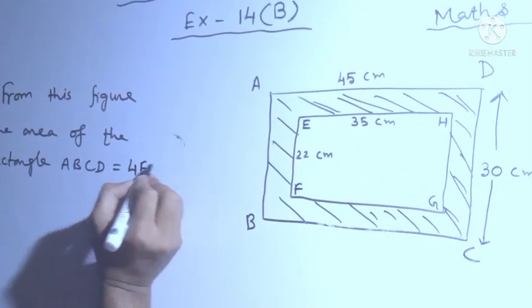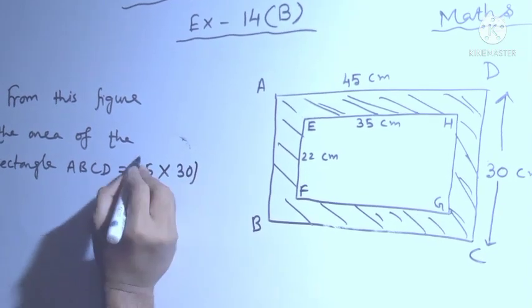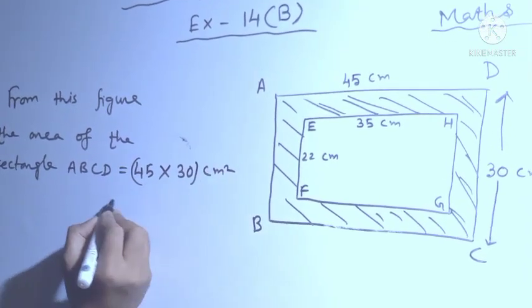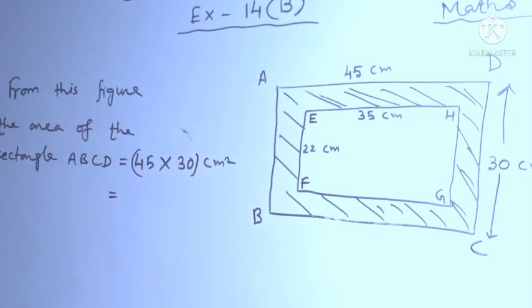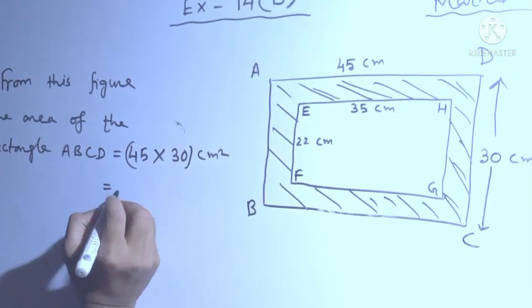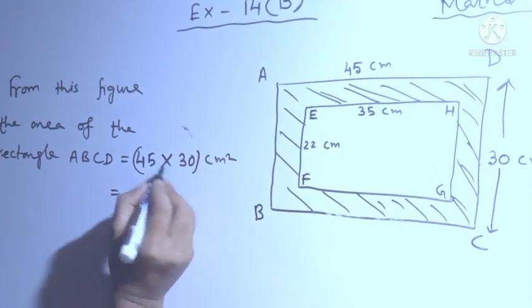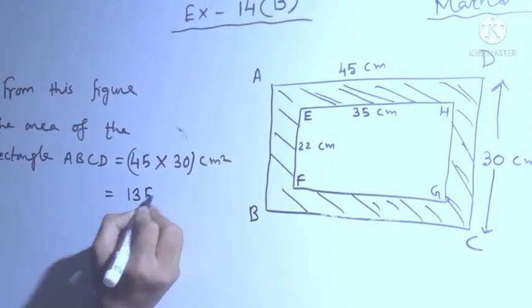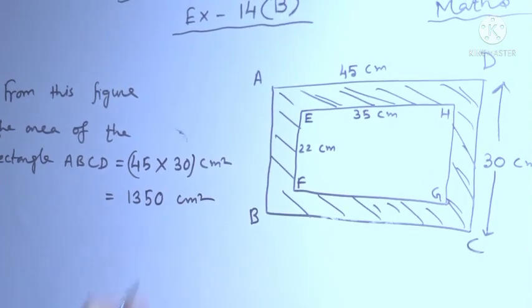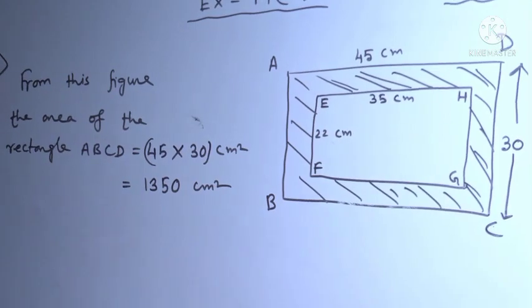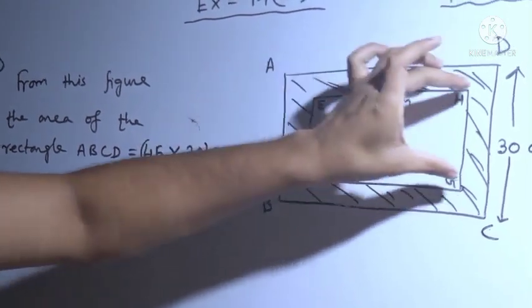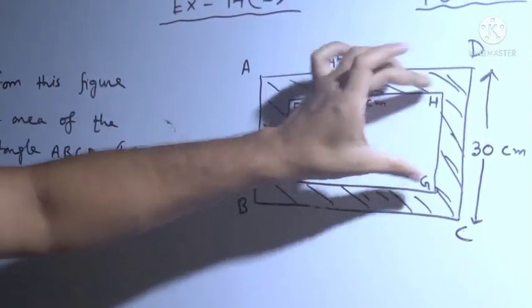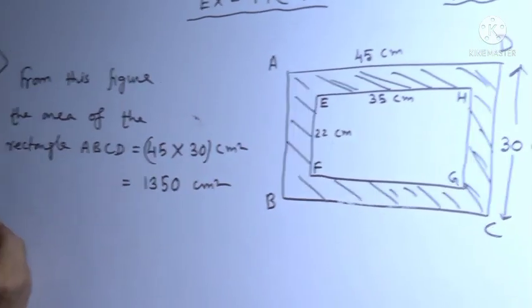So 45 into 30 centimeter square, because our formula is length into breadth. So we will get 1350.